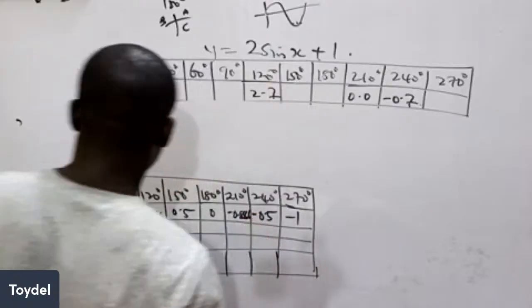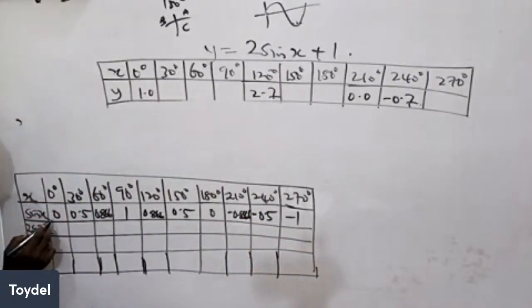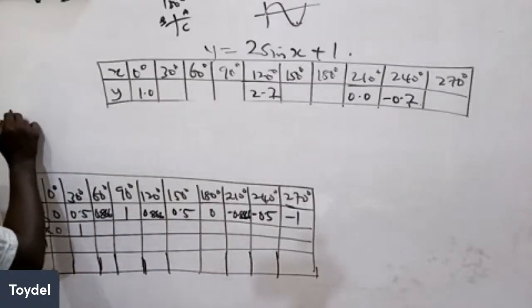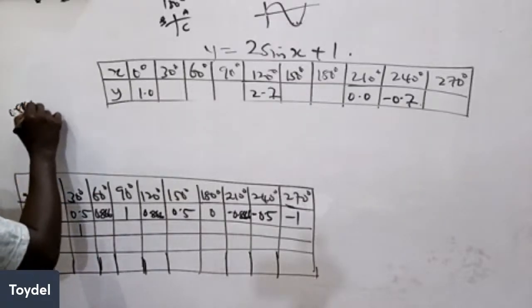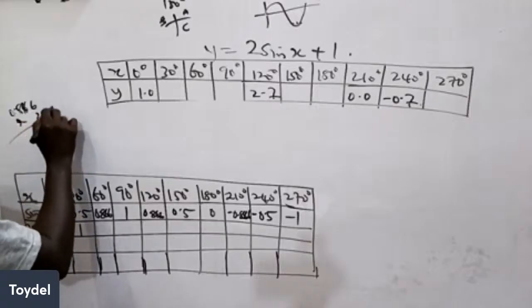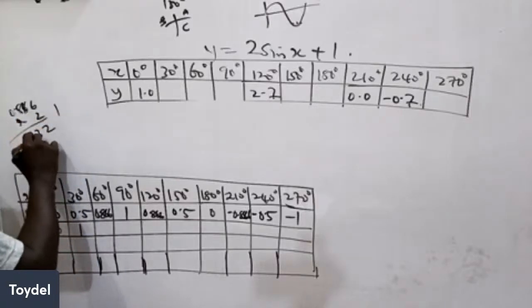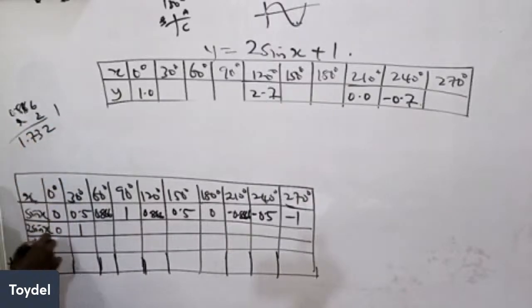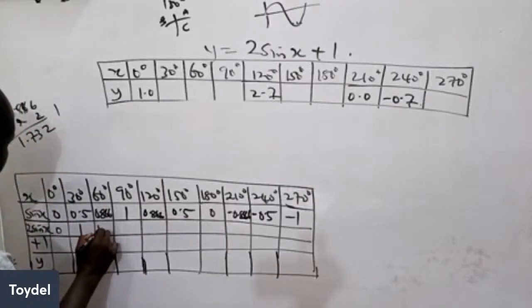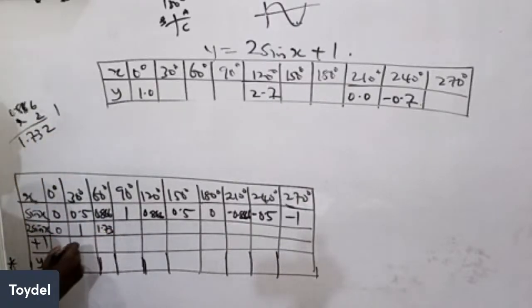Okay. So 2 times 0 will be 0. 2 times 0.5 will be 1. 2 times 0.866 is 1.73.